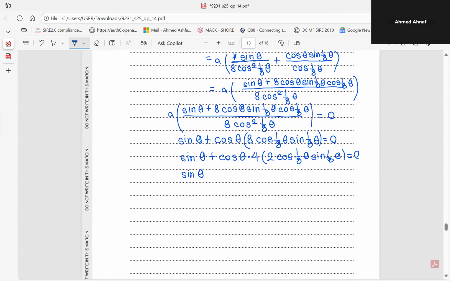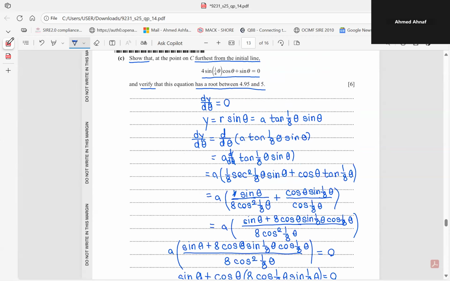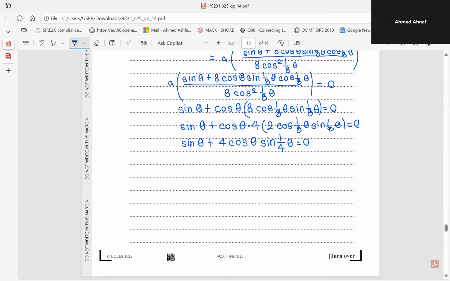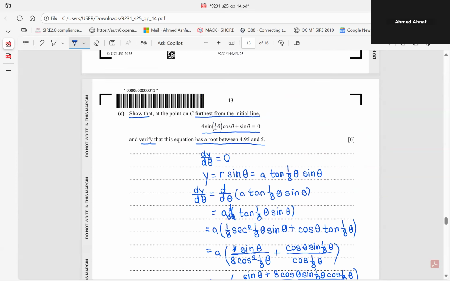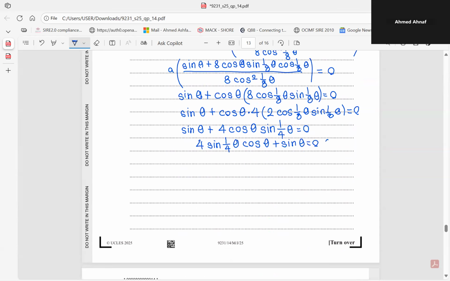And this would be equal to just sine 2 times 1 over 8 theta. So sine 1 over 4 theta equals to 0. Okay, now we just have to do a bit of rearranging. So this is 4 sine 1 over 4 theta cosine theta plus sine theta equals to 0. And this is the exact result that we're required to show. So we can write shown.